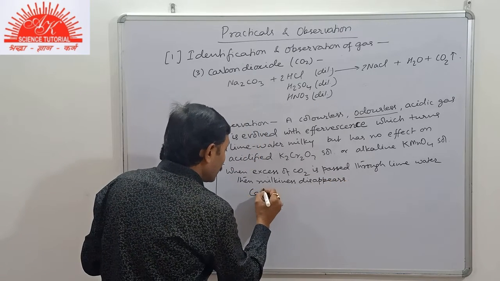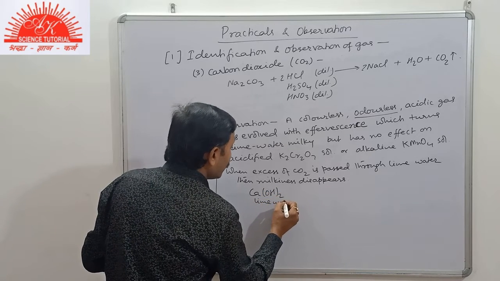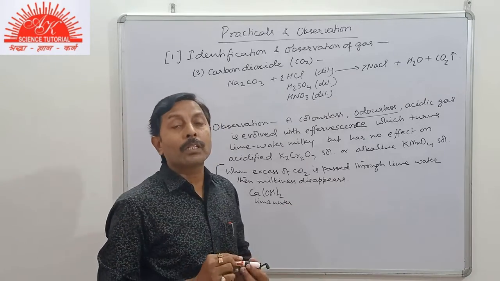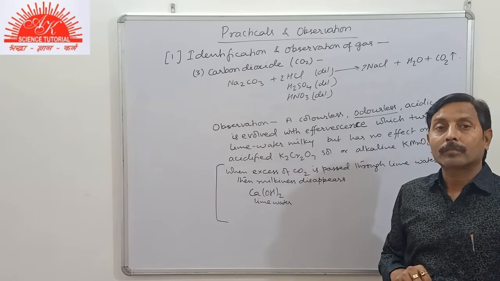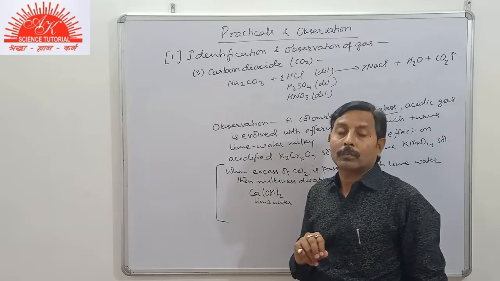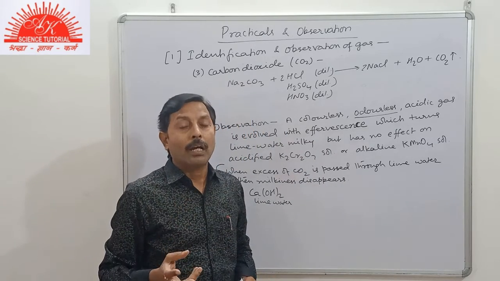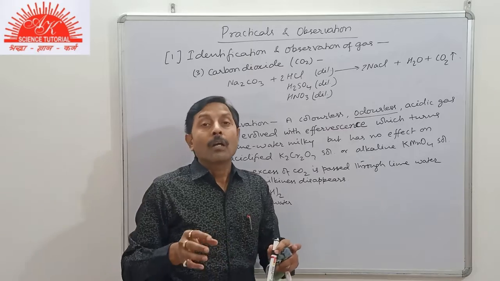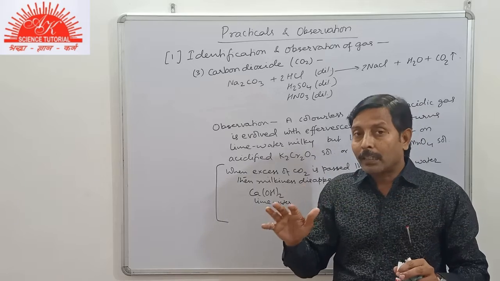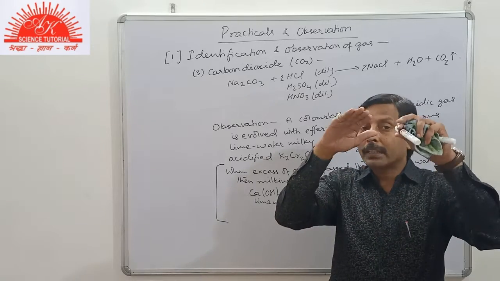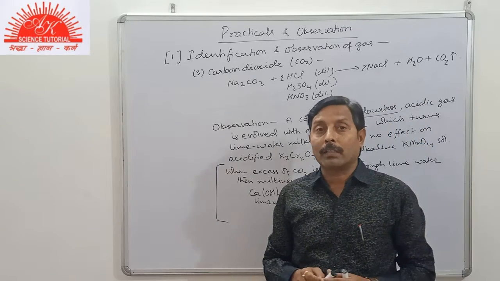This is lime water. Actually, calcium hydroxide is used in three forms. Slaked lime, that is solid calcium hydroxide. Milk of lime, a suspension of calcium hydroxide in water. And lime water, when it is added to water, it dissolves partly and the excess gets sedimented. The upper clear solution is called lime water.